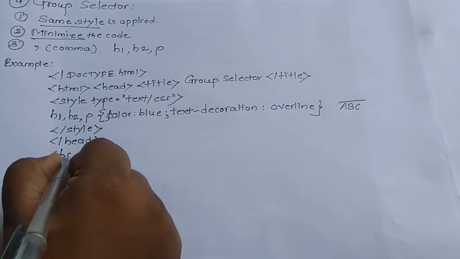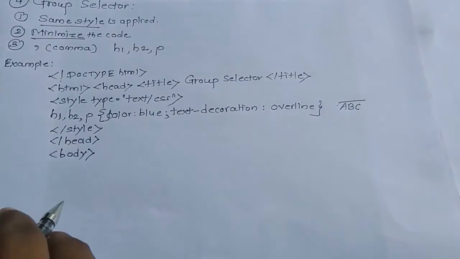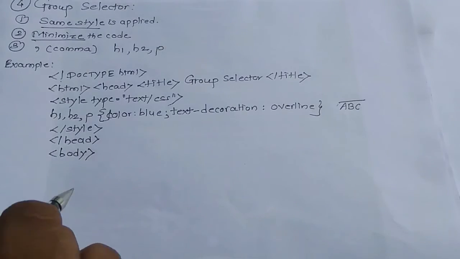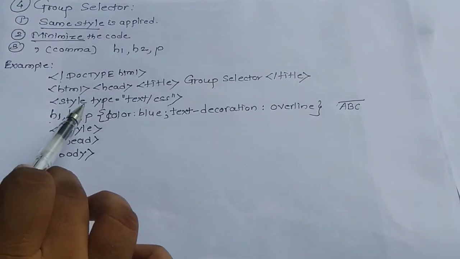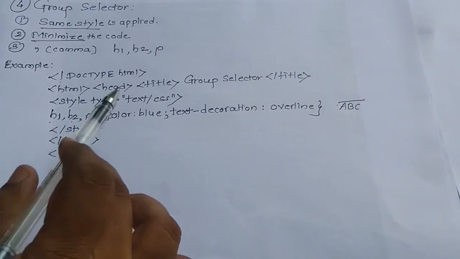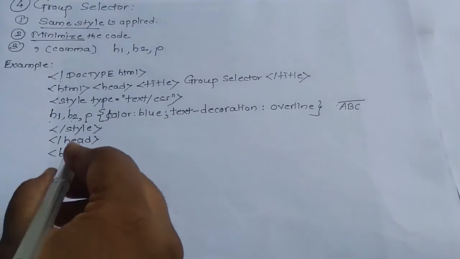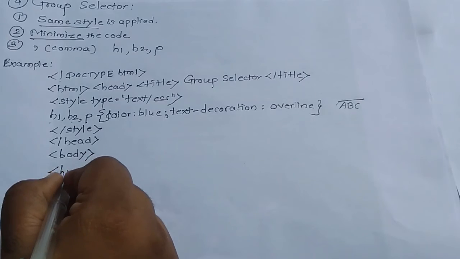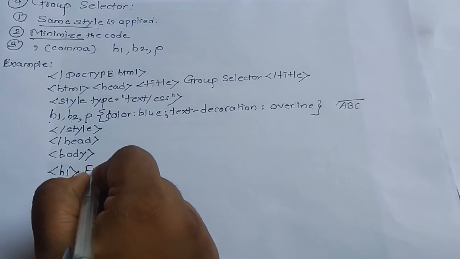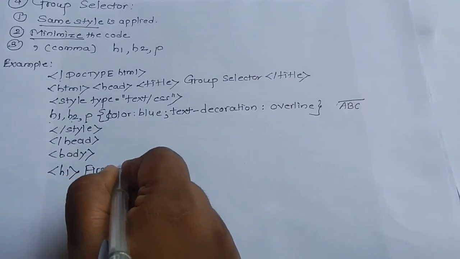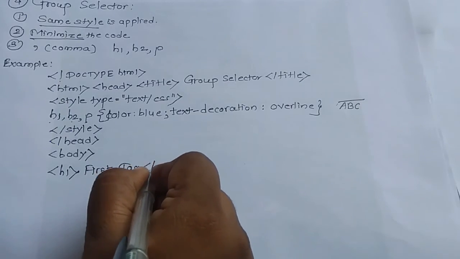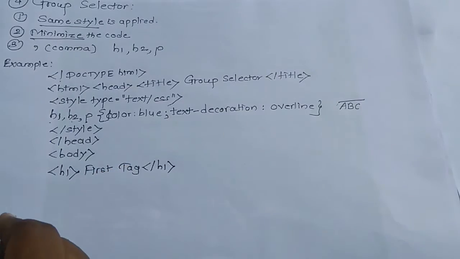After this, start with your body tag. Now the three different selectors I use are H1, H2 and P, and the same effect is applied to all three elements. For the first, I will write H1 with the text first tag, and close it with slash H1.